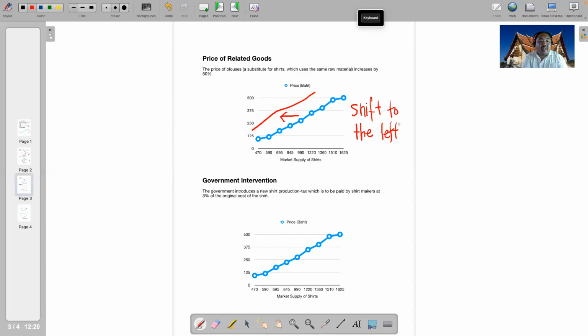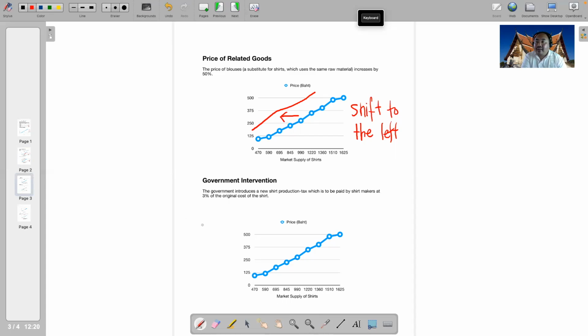Now, another non-price determinant of supply is government intervention, usually in the form of taxes. So what will happen to the supply of shirt in the market if the government were to tax shirt production by 3%? What does that mean?